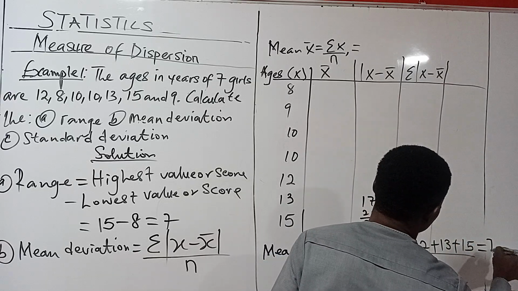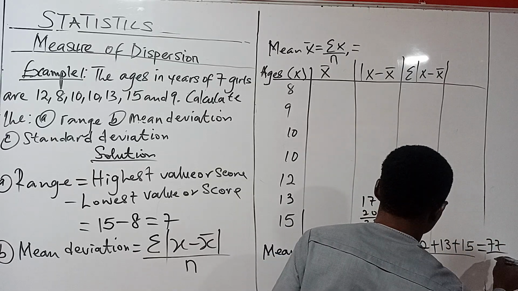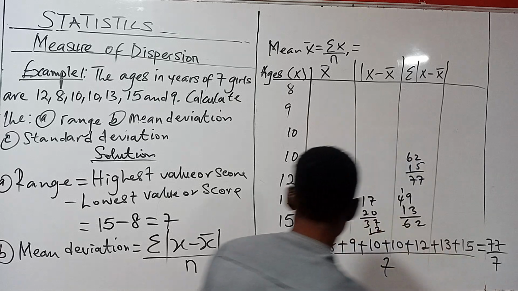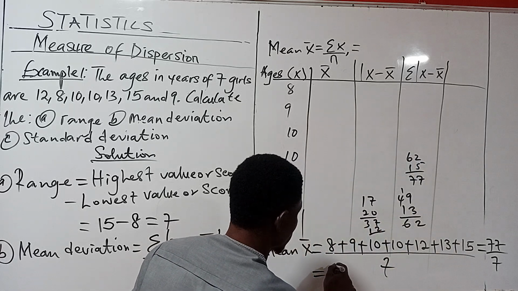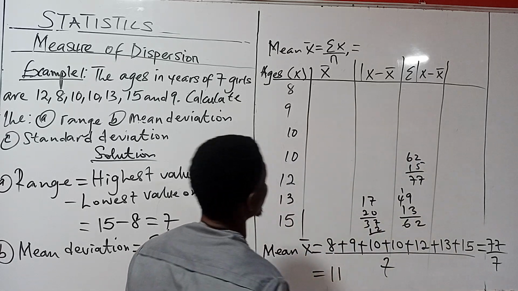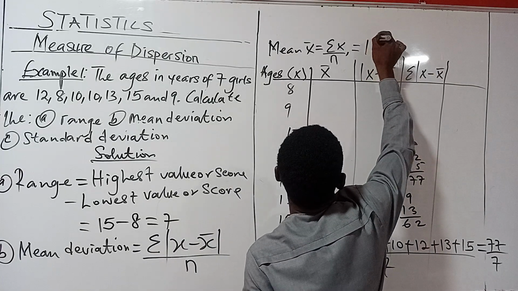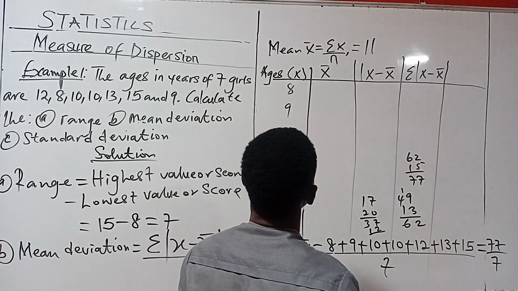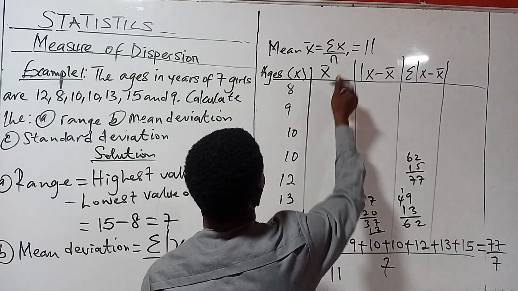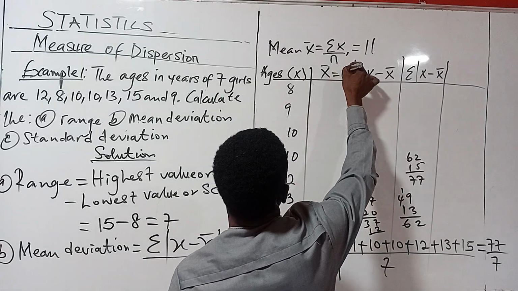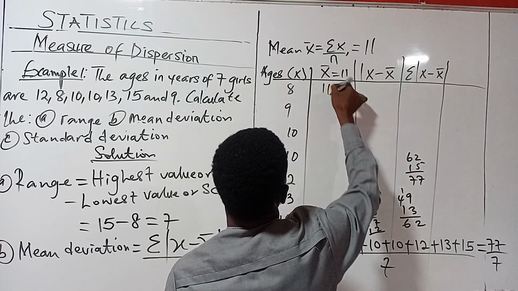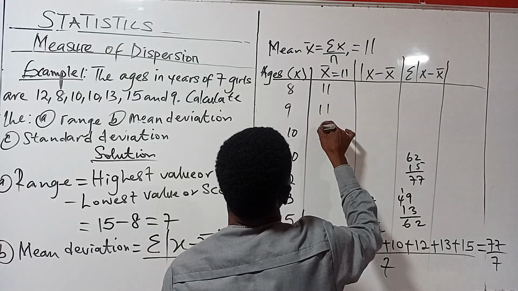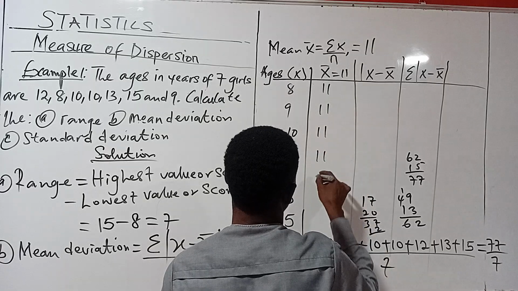So we have 77 over 7. At the end of the day, this will give us 11. So our mean is 11.